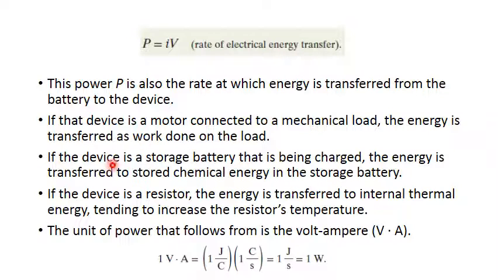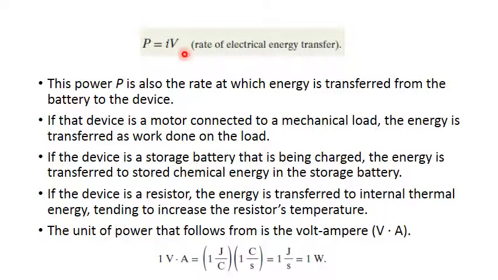If the device is a storage battery that's being charged, this energy is transferred to store chemical energy in the storage battery. If the device is a simple resistor, this energy is transferred as internal thermal energy, tending to increase the resistor's temperature. So if we are talking about a very simple resistor connected to a battery, the current through the resistor will increase the temperature of this resistor.